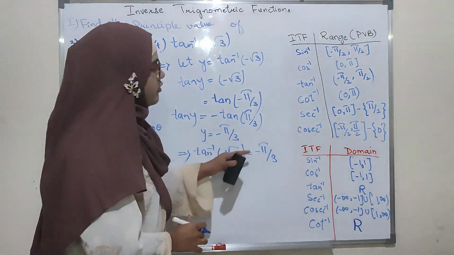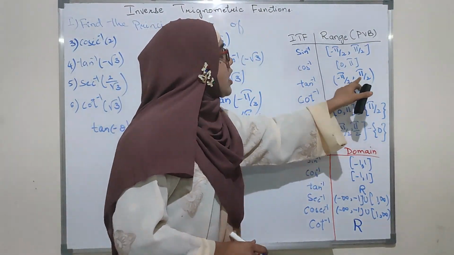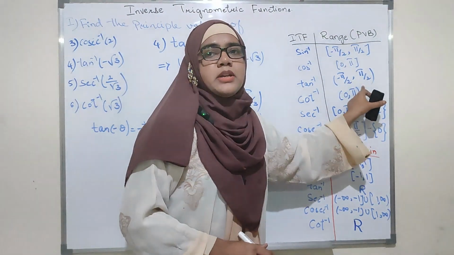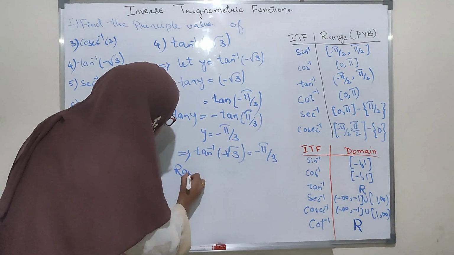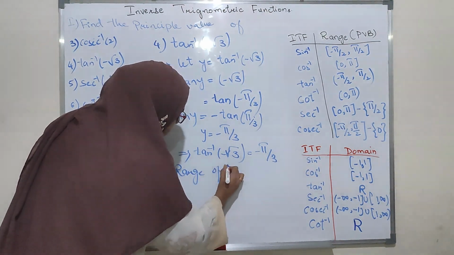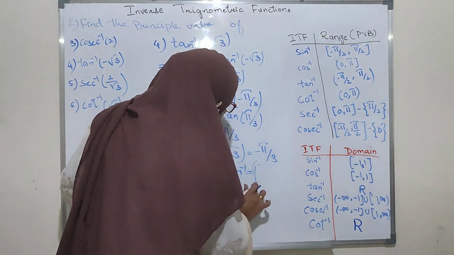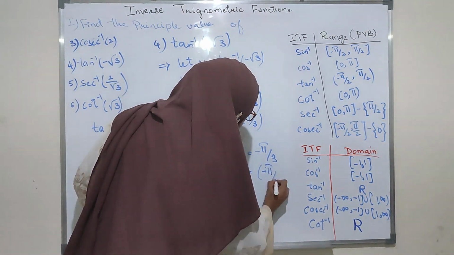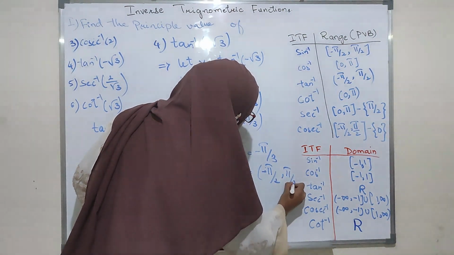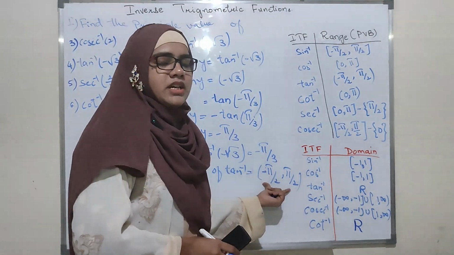So we have to check, what is the range for tan inverse? It is the open interval minus pi by 2 to plus pi by 2. It should always be remembered that it is an open interval. So you have to check whether this value lies in it.